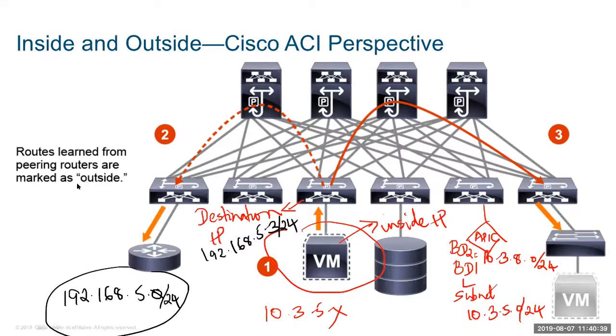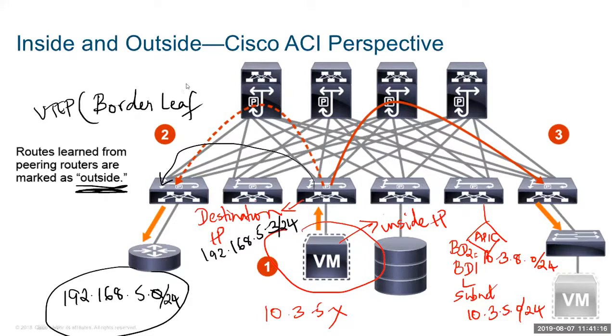Then it's going to use the table. It's called the longest prefix match table, which has all the outside entries. And that's going to specify, for example, this as the border leaf. A border leaf is one or more leaf switches which connect to peering layer 3 entries, layer 3 devices. So basically it's forwarding it to the VTEP of the border leaf.